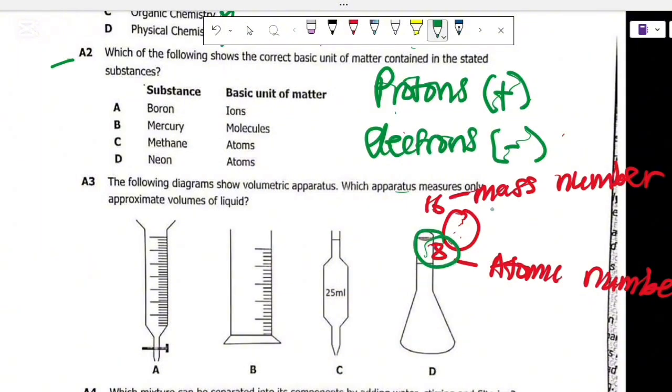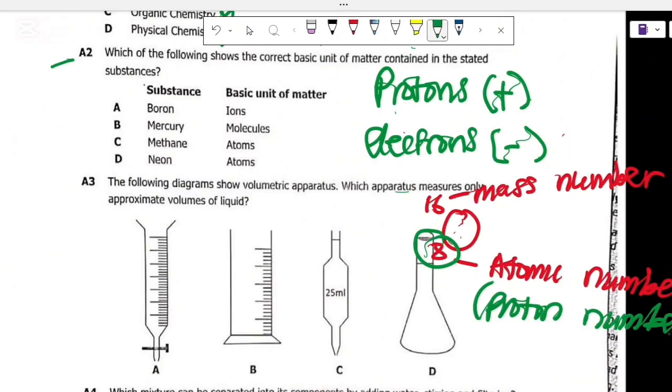The atomic number is also called the proton number, because we are just talking about the number of protons inside the nucleus of an atom. So that is the proton number or the atomic number. It is at the bottom.